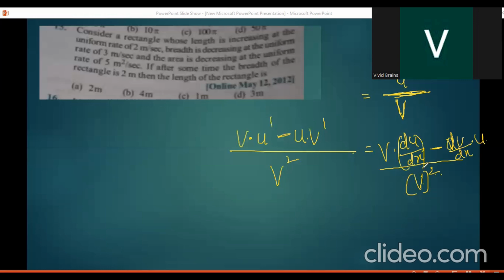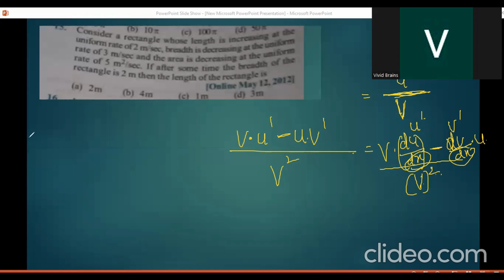I took du by dx as u dash and dv by dx as v dash; generally it is a function of x, so I took d by dx. Or v into u dash minus v dash into u, all by v square. Understood? In this manner we differentiate.